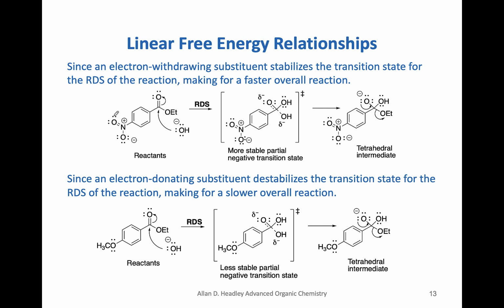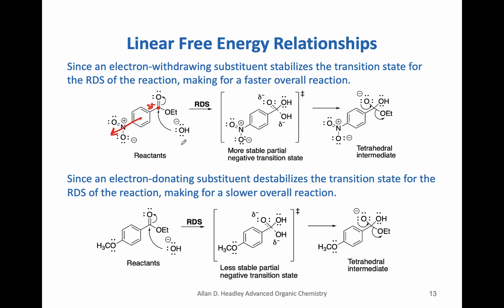So here is the p-nitro group here, which is electron withdrawing. So it's pulling electrons from the ring and from this reaction site, which we know is electrophilic. So this is a partial positive already because of the 2 oxygens that are bonded to this carbon. But in addition, it has a phenyl ring with an electron withdrawing group.